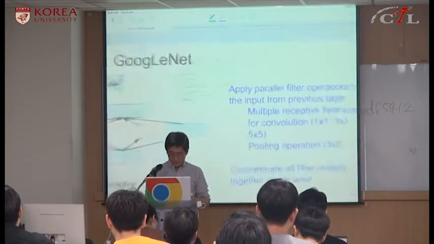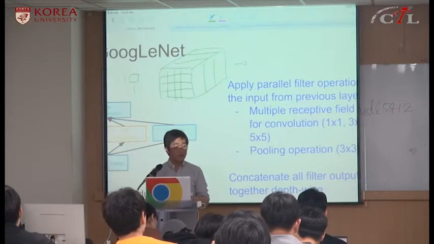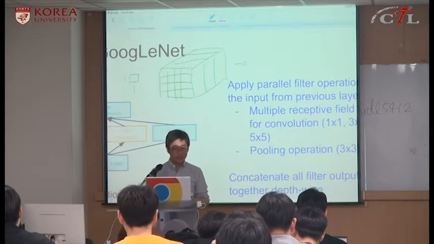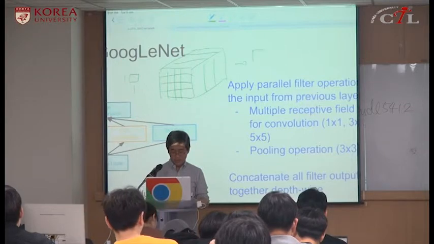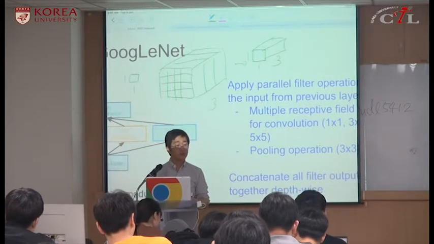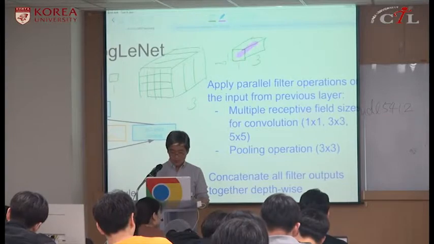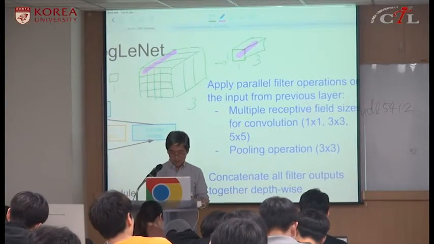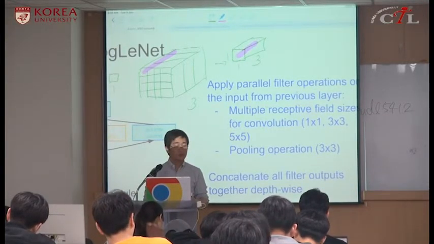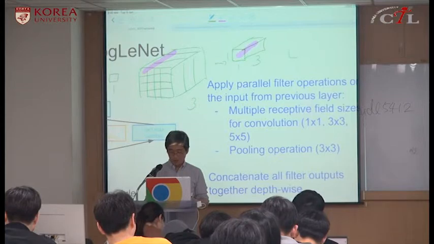Okay, so let's think of a one-by-one conv here, and first think of the filter size. The filter size is 1 by 1, and what is the depth? Depth is 3 in this particular case, right? And then this filter is placed over here to obtain the inner product output, and that way we obtain a single output over here.